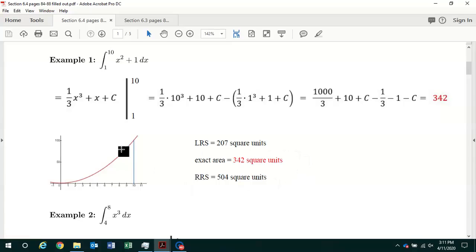That's one of the interesting things about the definite integral, it gives us the exact area under the curve and above the x-axis. One other thing I want you to note is that the c's canceled up here. So when you're evaluating a definite integral and you find the antiderivative, you can leave out the plus c, because they will always cancel after you substitute in the upper limit of integration and the lower limit of integration.